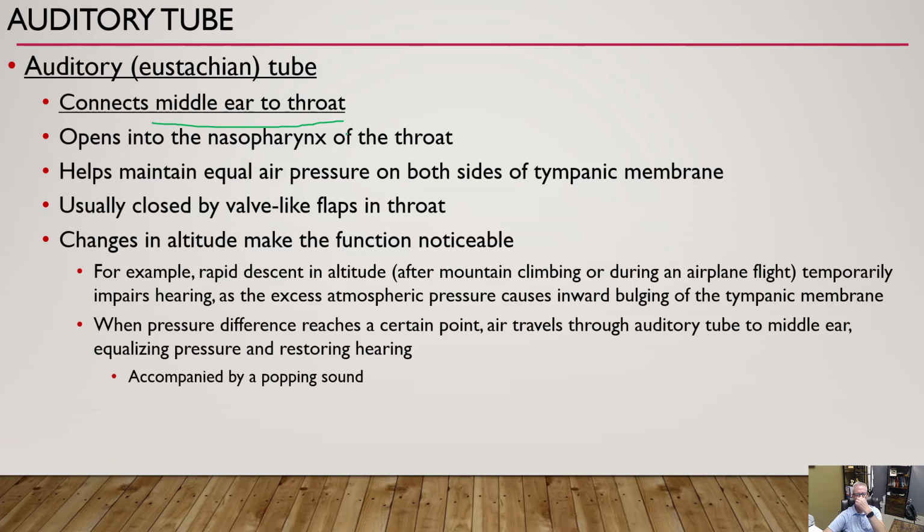So I use the example of, you're on a plane and you hold your nose and you blow out. Basically what you're doing is you're trying to equalize that pressure on both sides of that tympanic membrane. Remember, that middle ear is an air-filled pocket, the outside air is an air-filled pocket. So you're trying to equalize that pressure when you plug your nose on an airplane.